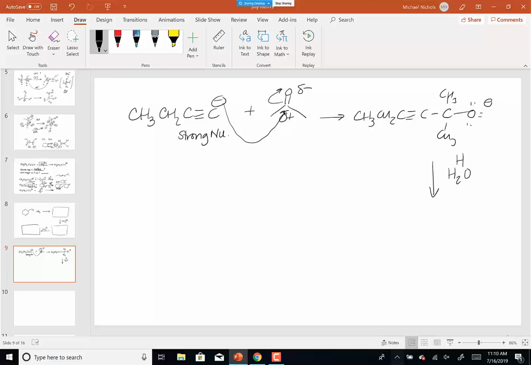H plus. So if I add acid and water, just H plus, now my alkoxide gets protonated, and now I have my final product. So there's my final product. I made what's called an alkynyl alcohol.